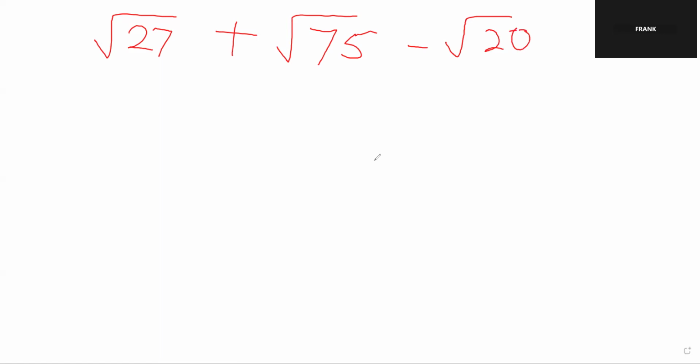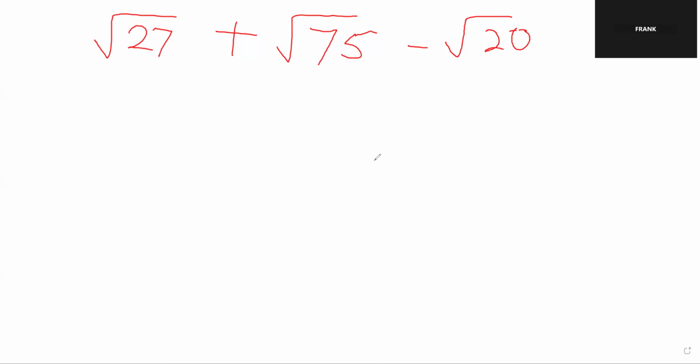How do I simplify it? I have root 27 plus root 75 minus root 20. Number one, if they are unlike surds, then the answer will be the question itself. But if you watch carefully, all these three surds are reducible. So you have to reduce them first to find out if they are like or unlike surds. So we take the first surd, root 27.